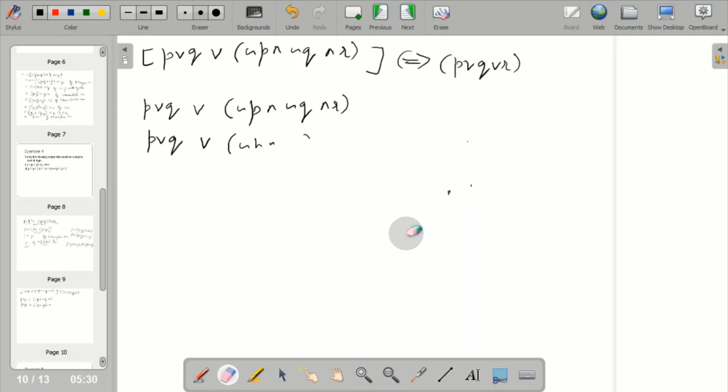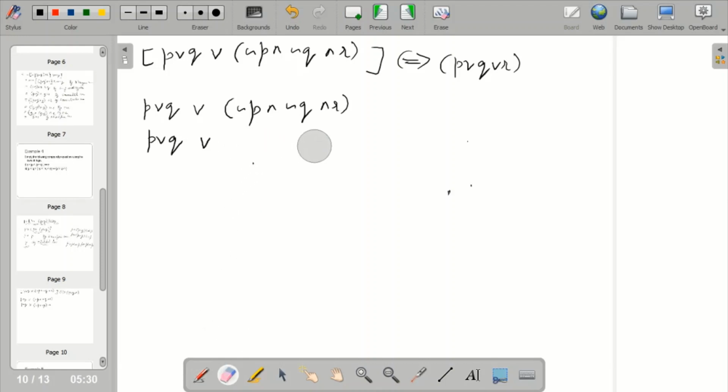Here we had written negation of P and negation of P, we applied De Morgan's law, so it became negation of P or entire negation of P or Q and R. Okay, sorry, entire negation of P. I did a mistake.